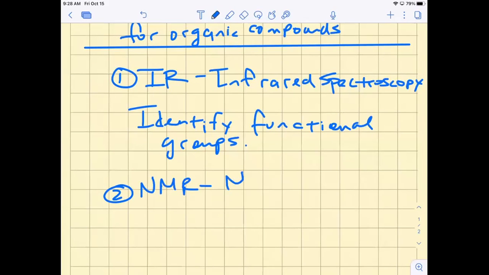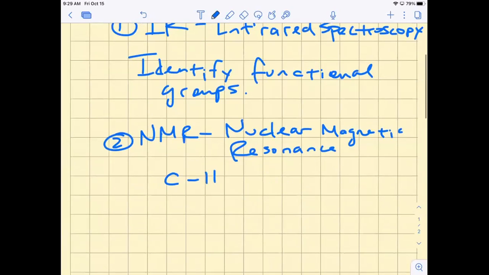which is short for nuclear magnetic resonance. That identifies the carbon-hydrogen framework of a molecule.